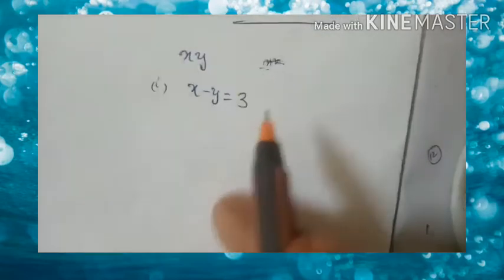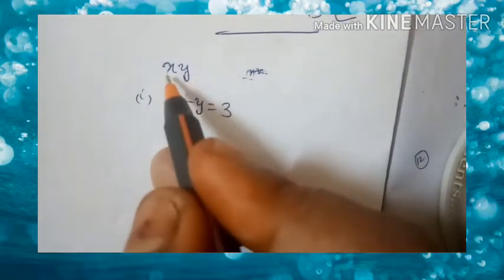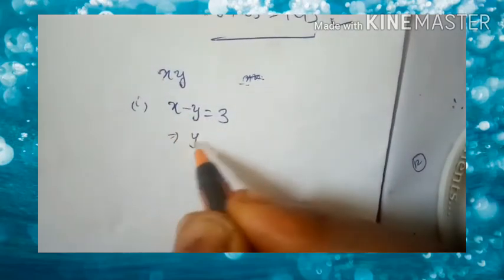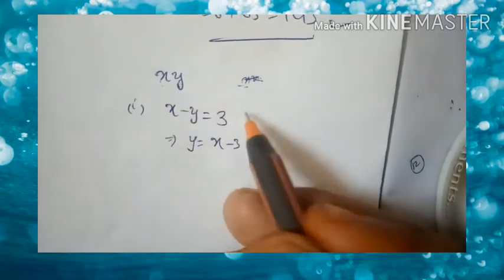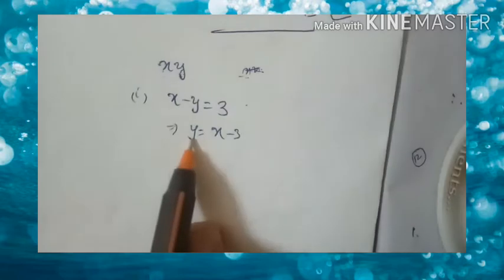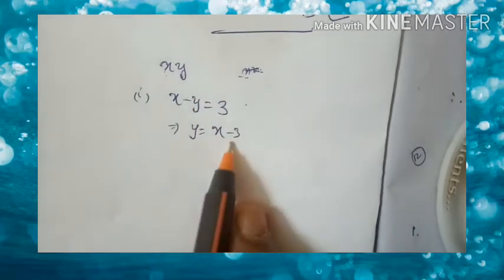So that's why I am changing this to one variable only, that means x or y. So here I will take y is equal to x minus 3. If you transpose this y to the RHS, it becomes positive y. Okay, positive y is equal to x minus 3.